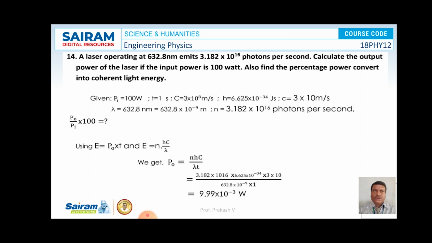So here we have to calculate P naught by Pi into 100. So we know that E is equal to N into hc by lambda, and we get P naught is equal to Nhc by lambda T. So on simplification, we substitute all the parameters given, and P naught is equal to 9.99 into 10 to the power minus 3 watts.